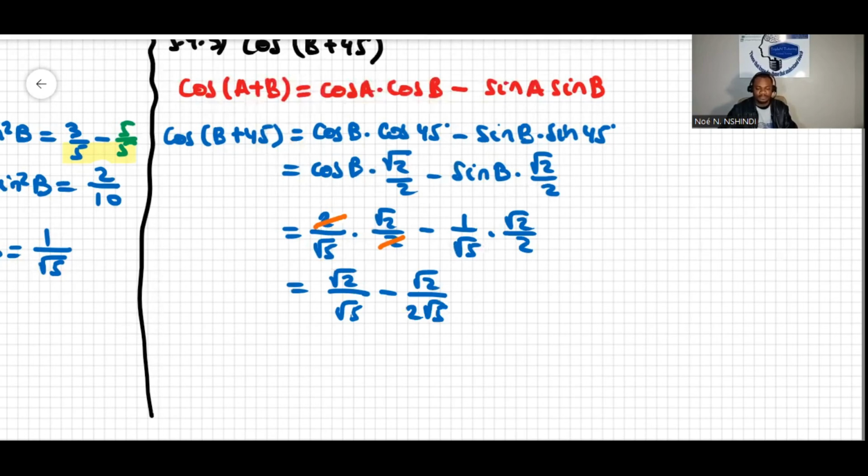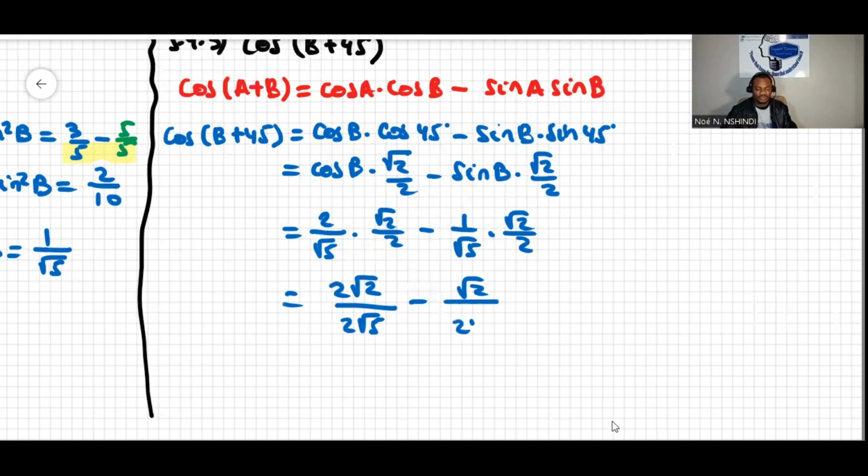And then I prefer not to simplify. Let's not simplify it yet and solve it as it was. So it's going to be 2 root 2 over 2 root 5 minus root 2 over 2 root 5.